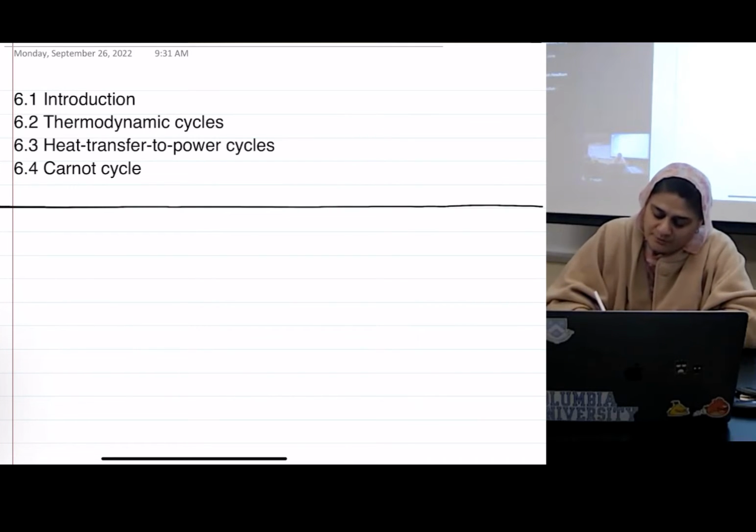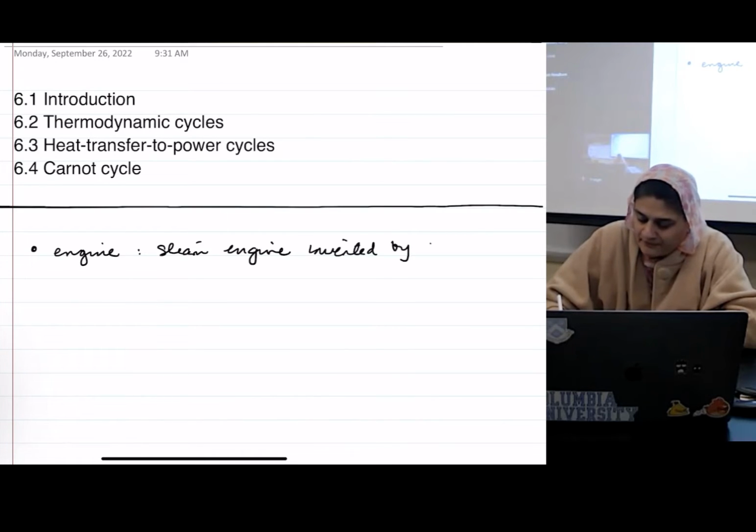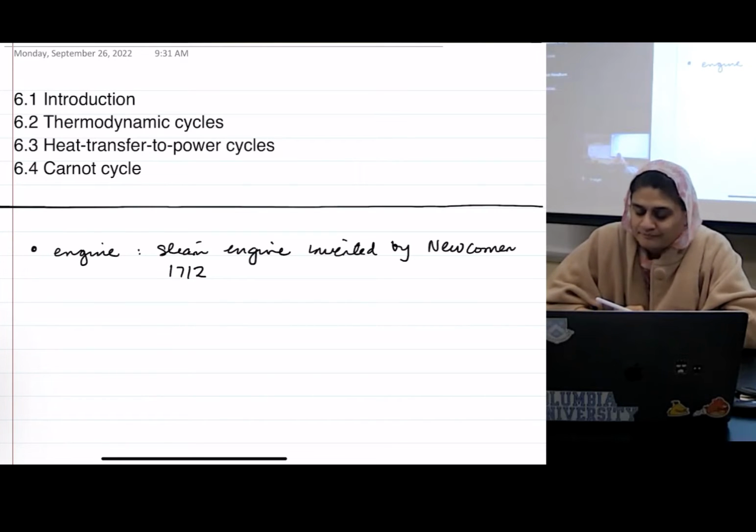So the first real engine was a steam engine invented by Newcomen in 1712. It was a terrible engine. It blew up. It was extremely inefficient, right?